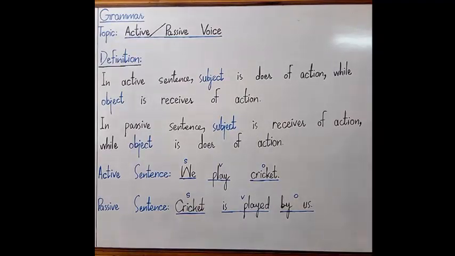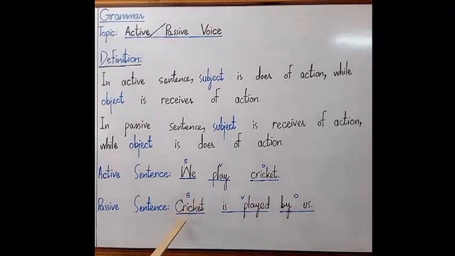It has been exemplified here on the board before you. In an active sentence, we play cricket. We is the subject, play is the verb, and cricket is the object. So the doer of the action in this sentence is we, and the action acted upon is cricket, hence it is the object. But when we convert the sentence into a passive sentence, you can see here, cricket is played by us.